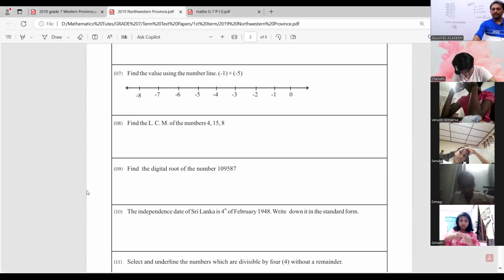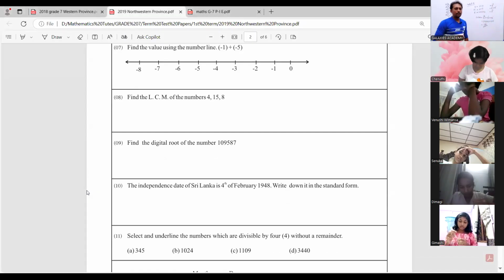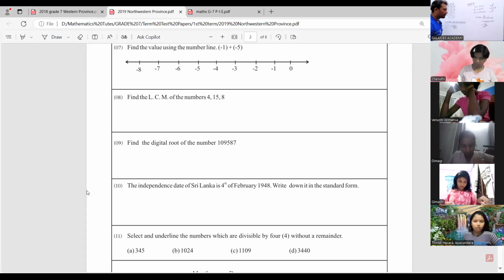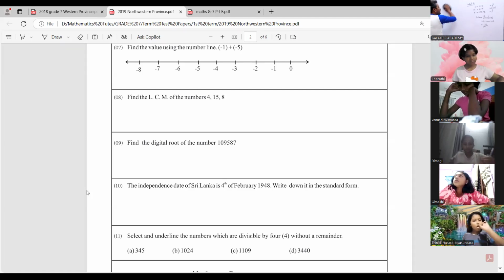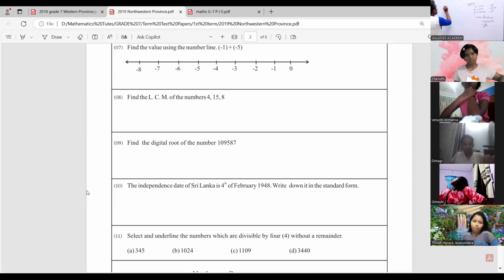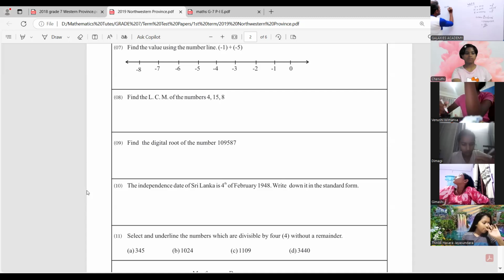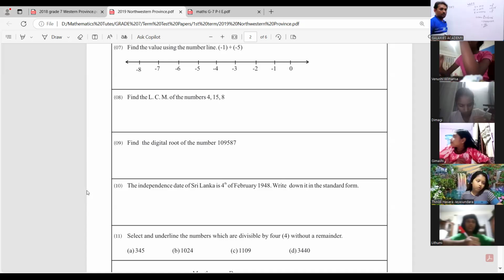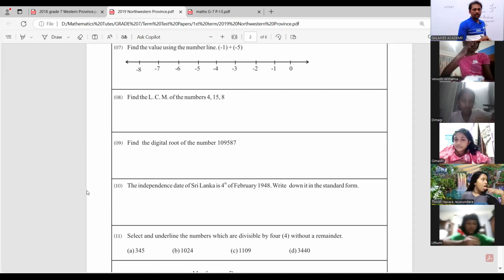Right, number 9 given. Find the digital root of the number. The number given is 109,587.